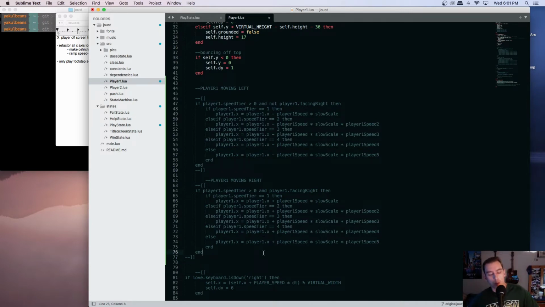Okay. So what I did was I have it separated by either moving left or moving right, and how I determined whether the player was moving left was if the speed tier is greater than 0, which comes down to the other logic where I said if it's facing right and right is pressed, increment speed tier, that sort of deal.